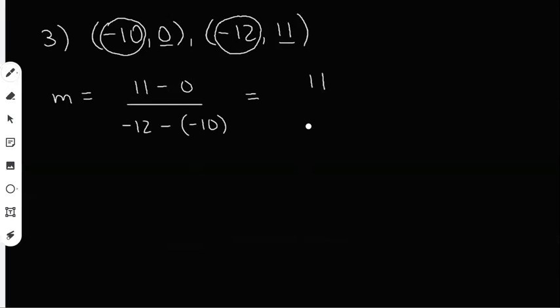It's an improper fraction. Yeah. It'll be an improper fraction. Right. And then on the bottom of the fraction, I'm going to have -12 plus 10. That's because of that double negative right there. -2.